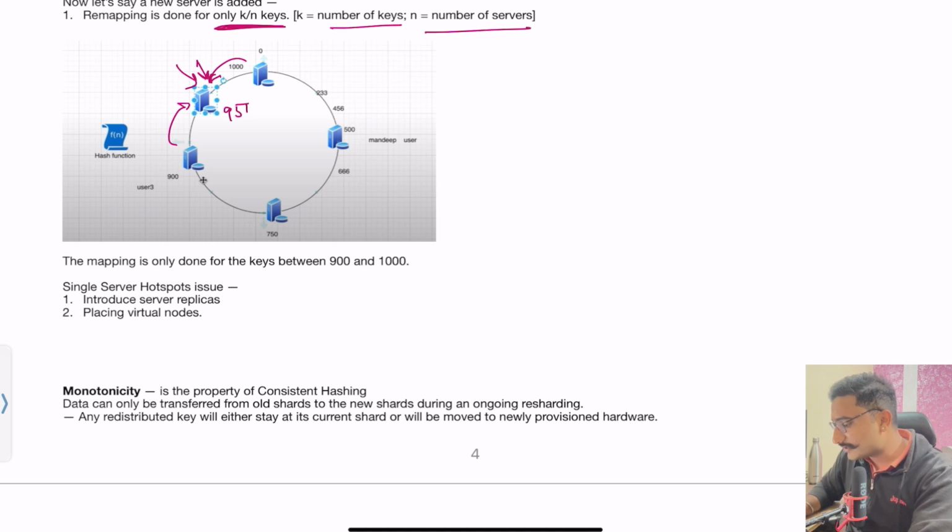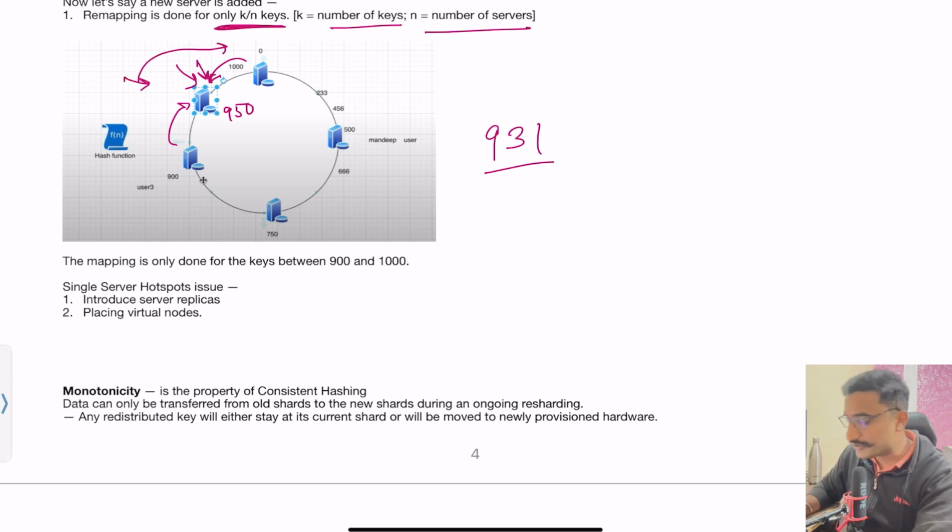Let's take the example where this server is placed at 950. Now let's say a new key came, 931. Earlier, there was no server at 931 and this key was stored at server 1000.